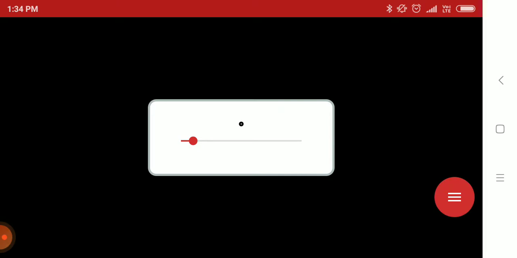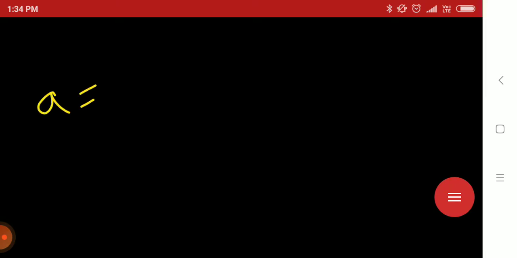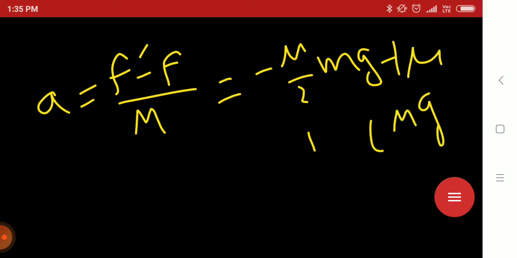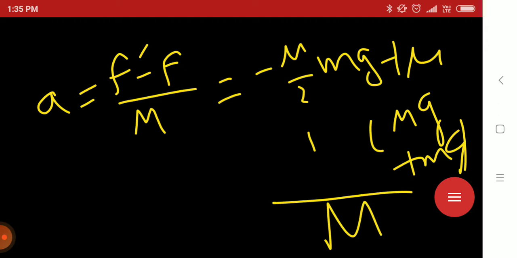So acceleration equals F prime minus F by capital M. So minus mu by 2 small mg plus mu into (capital Mg plus small mg) whole divided by capital M.